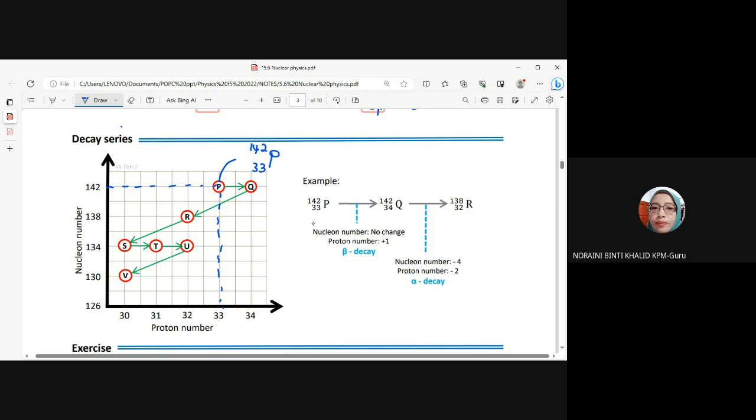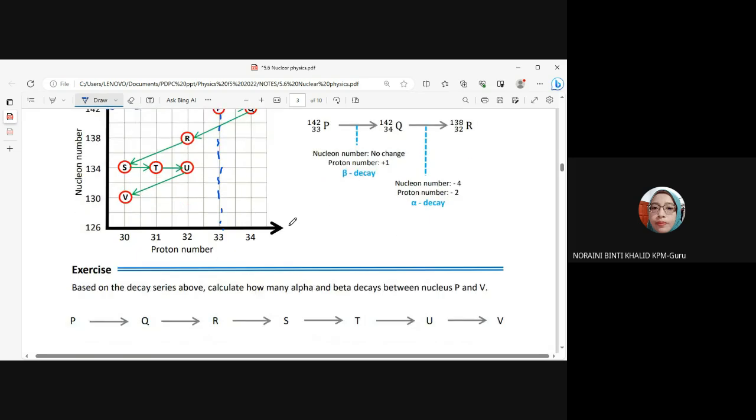So kita boleh baca terus daripada decay series atau daripada graph ini. So this graph showing decay series, means starting from P, and then become Q, and then become R. Boleh continue lagi selagi dia tak stable. So we can check the number of alpha, beta, gamma release out.